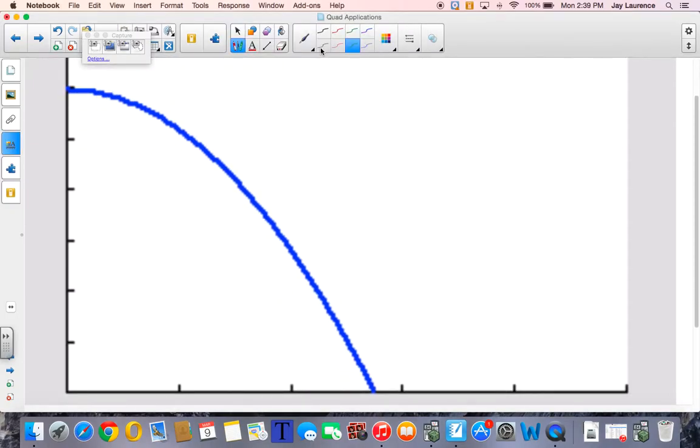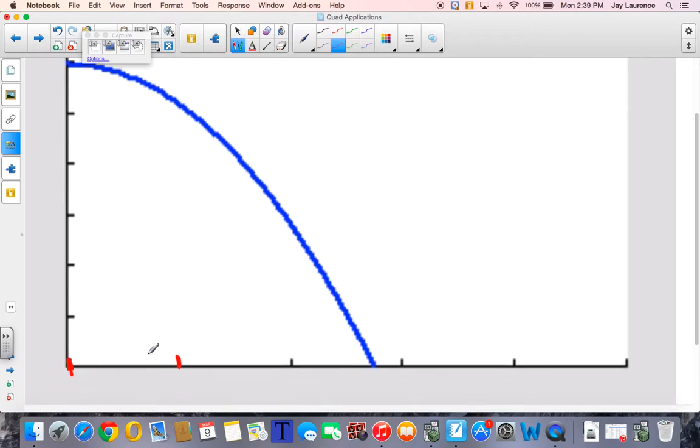All right, so notice that this is the first second from here to here, right? That's the first second. Notice the rock started at that height, but in that first second only fell this distance here.